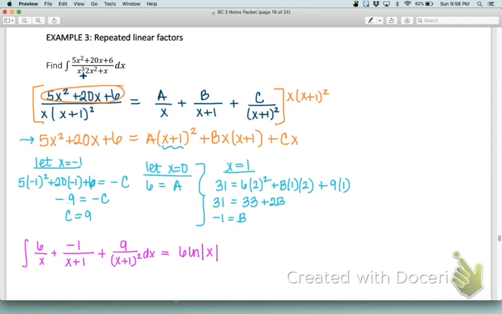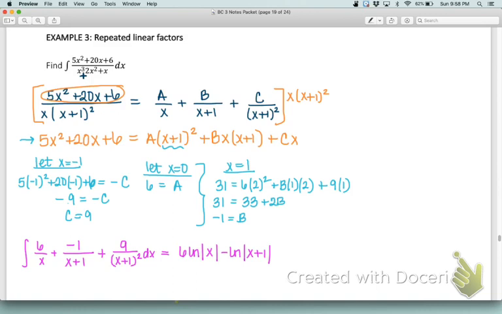That's going to be minus the natural log of the absolute value of x plus 1. Technically, you're using u substitution there, but when you take the derivative of x plus 1, you just get that du is equal to dx. So you can kind of figure that one out without having to write it out too much.